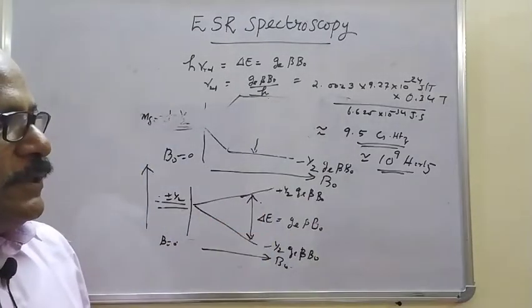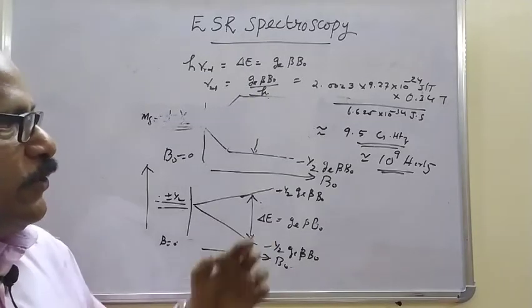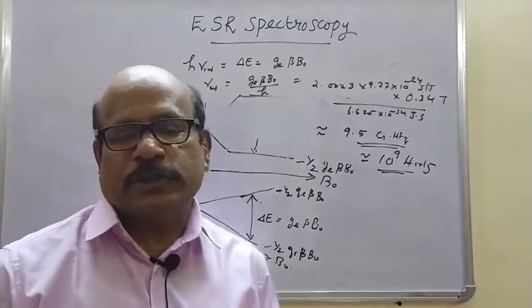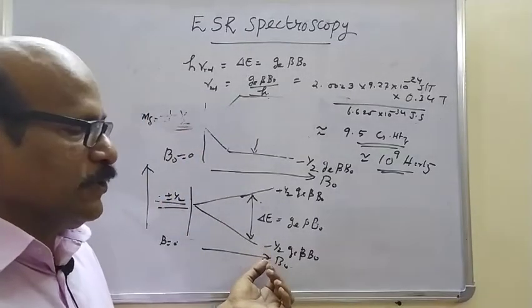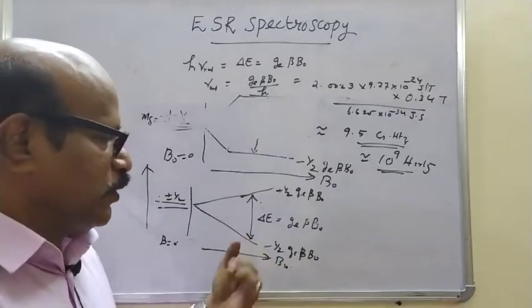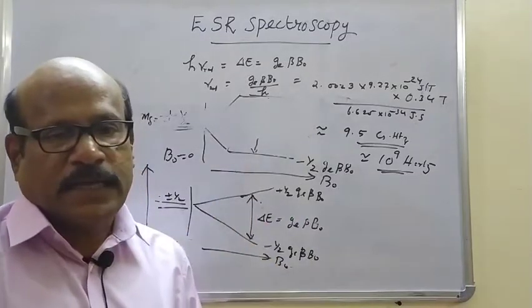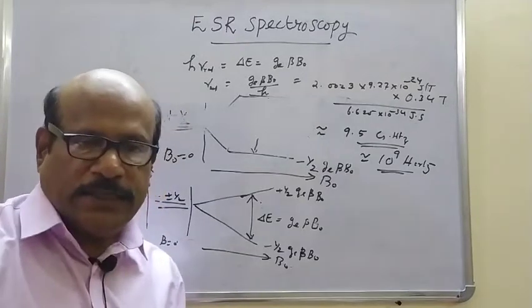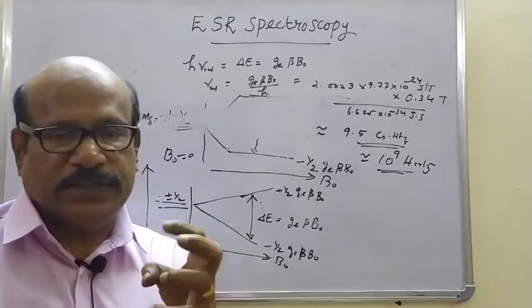So electromagnetic radiation of the order of 10 raised to 9 hertz is suitable for affecting the electronic transition of the molecular species from the lower electronic level to the next higher electronic level, and this is usually microwave radiation.